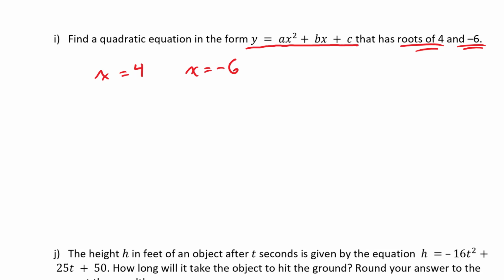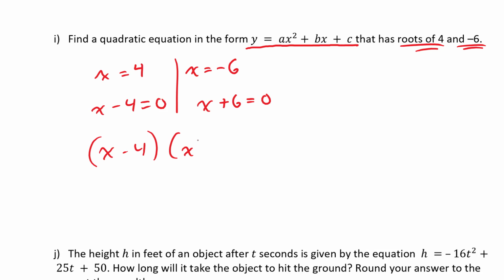What we do here, we just do the reverse of what we've been doing before. Let's rearrange this, make this equal to 0. Rearrange this, make this equal to 0. Then, x minus 4, x plus 6 equals 0. Now let's FOIL it.